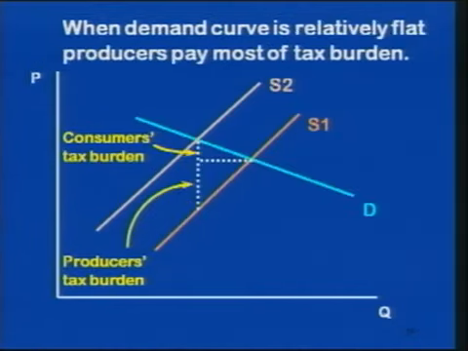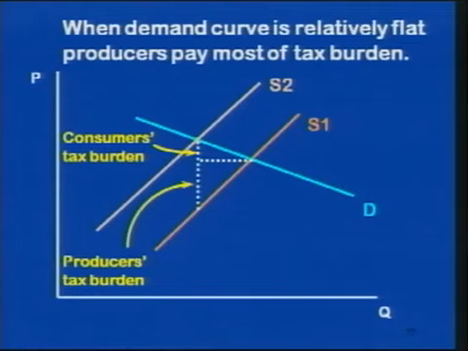If you have a not steep demand curve, then mostly producers pay the burden and consumers don't have to pay very much. Okay? So this, again, helps in deciding how you want to place taxes.